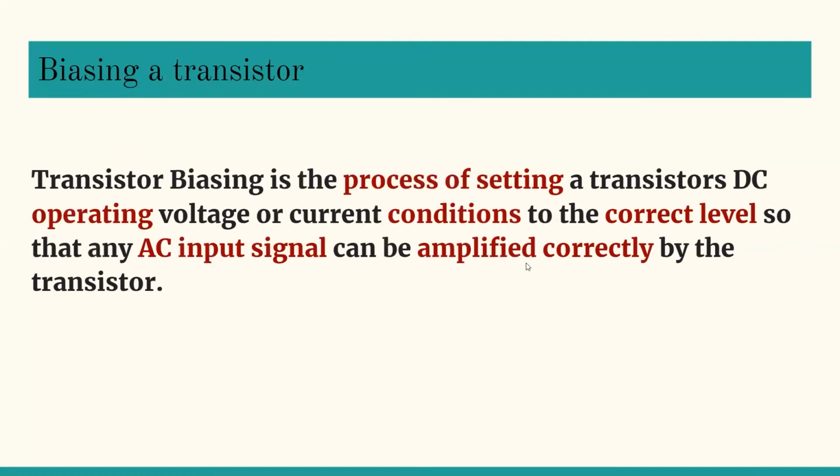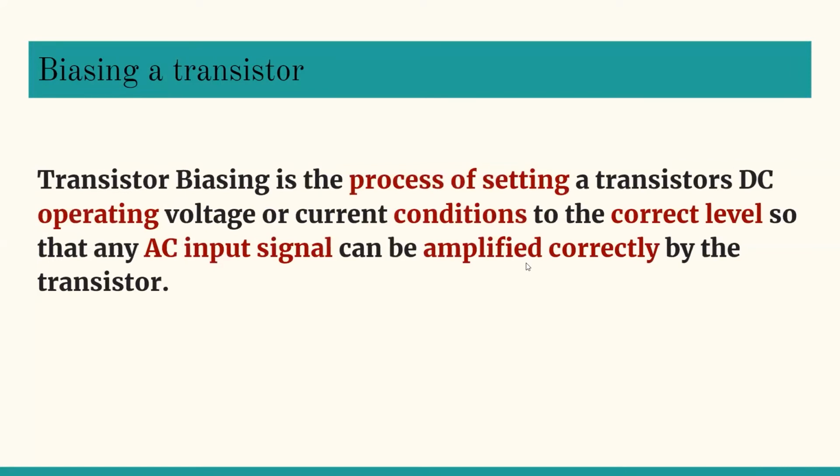Biasing a transistor is the process of setting the operating voltage or current to a correct, perfect level, so that whatever AC input signal you're getting can be amplified correctly. It should not be that the AC signal I'm going to get should be of a particular range, and only then amplification should be done.